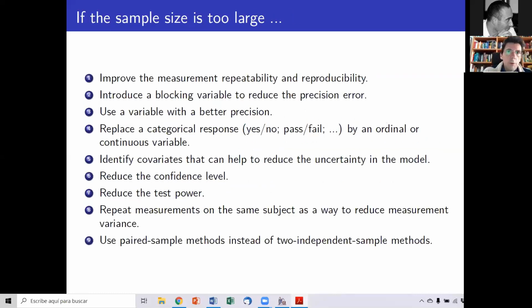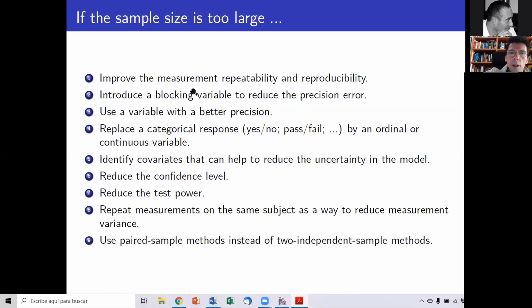Then what to do if the sample size is too large? Then you have to change something, and something you can change is to reduce the variability of your observation. So if you can improve somehow the repeatability and reproducibility of your observations, then you will reduce the variance and you will have a lower sample size.